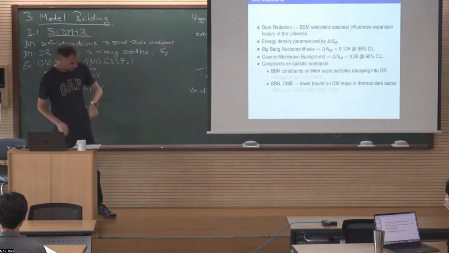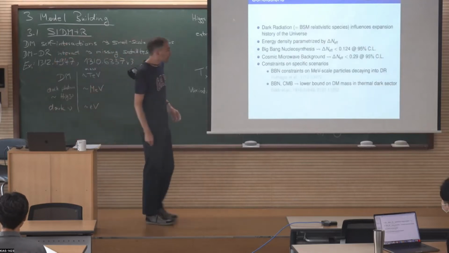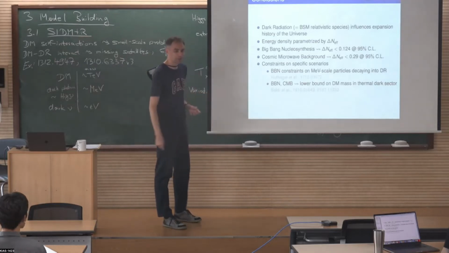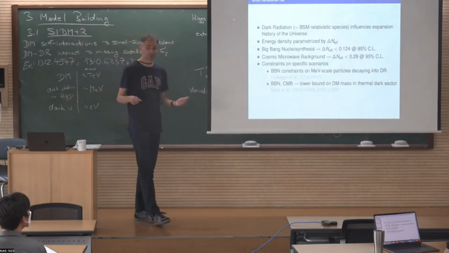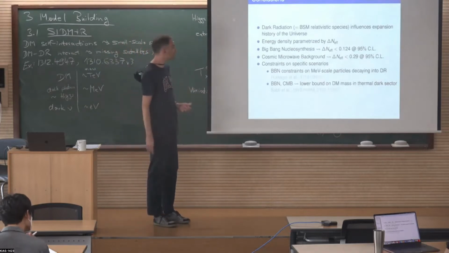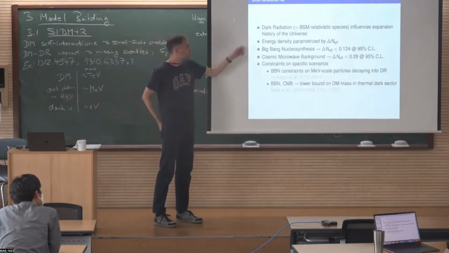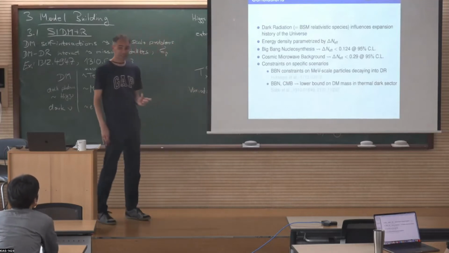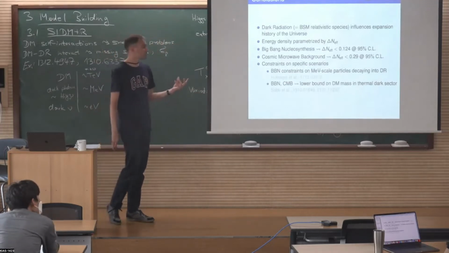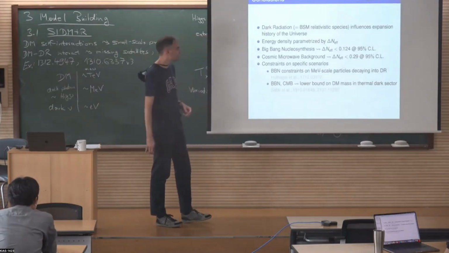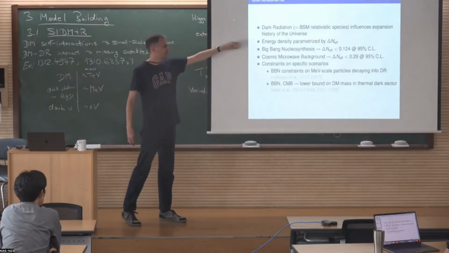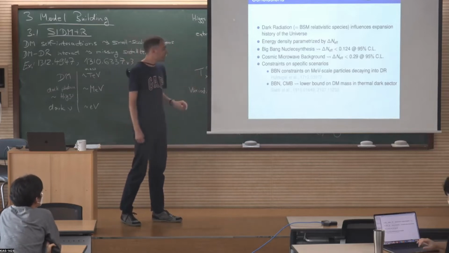Okay, sorry for the overtime. Let me really go to the conclusions. I tried to tell you a bit about dark radiation and how it influences the universe by changing the expansion rate. I introduced at length this parameter delta N effective that measures how much dark radiation we have. I showed you the bounds, or quoted the bounds, from BBN and the CMB, and the references are somewhere in the notes.